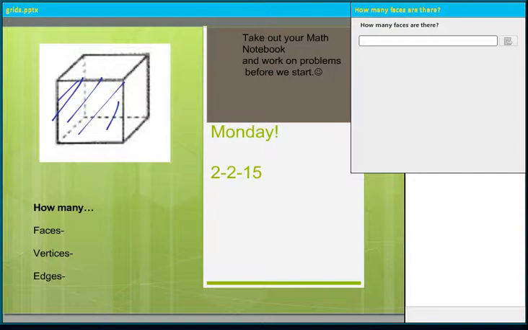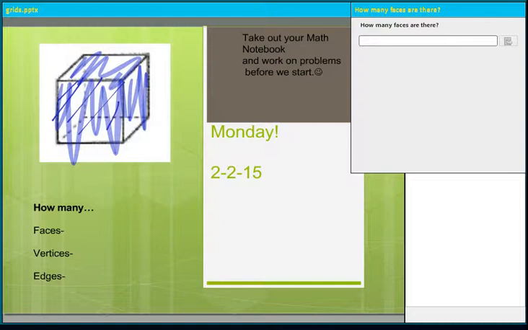There's one right up front, right? Then we have on top, that's 2, 3. So those are all the ones we see really easy. Then there's one on the bottom, 4, the one on the side, 5, and the one on the back, 6. Excellent job, guys. So there are 6 faces.